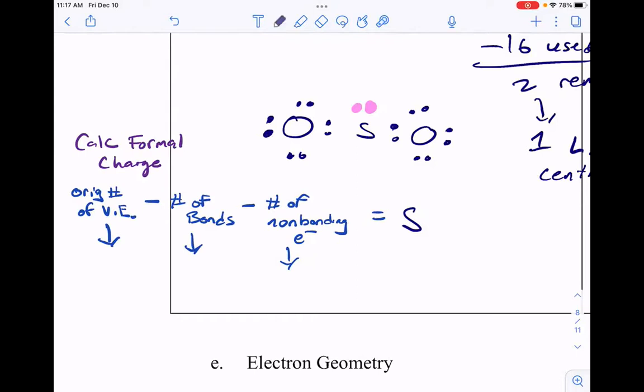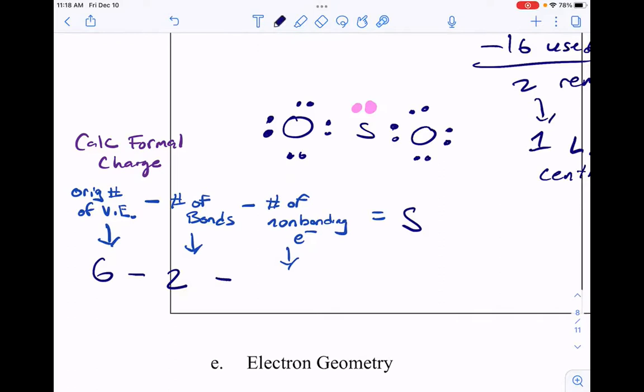So original number for sulfur is 6, number of bonds. It's 2 bonds, but 4 electrons, right? So here, number of bonds is 2. You're absolutely right. So 1 bond, 2 bonds. And then number of non-bonding electrons. 2.